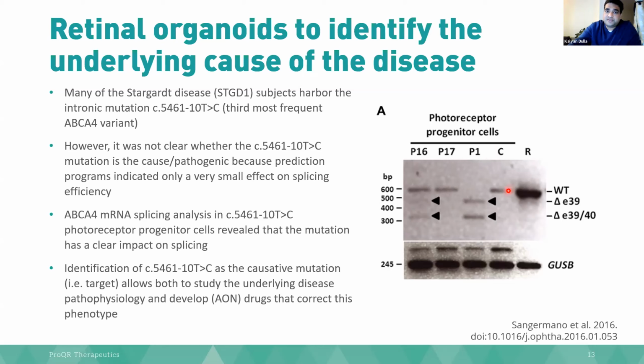In controls, there is only wild-type mRNA, whereas patient P1, who was homozygous for the mutation, has no wild-type ABCA4 mRNA at all, only misspliced mRNA. And patient P7 contains a totally different mutation, so of course no effect on splicing. And patient P16 is heterozygous for the mutation, and that's why both wild-type and mutant mRNA are present.